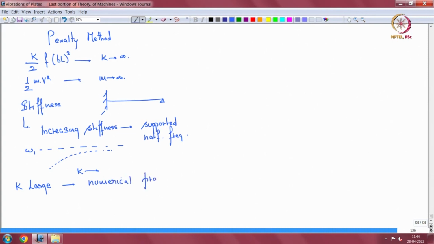And the other thing is that k requires to be larger for higher modes. So that is a further numerical problem.